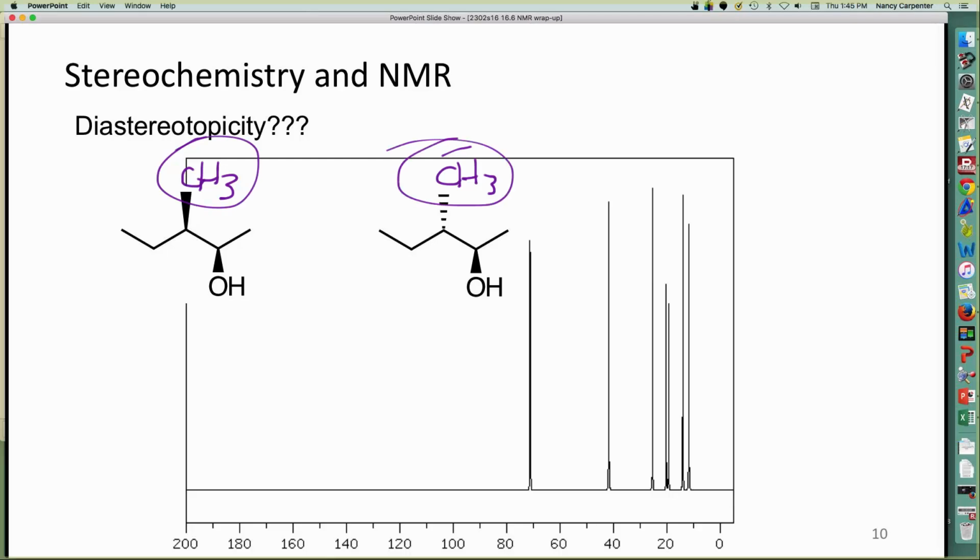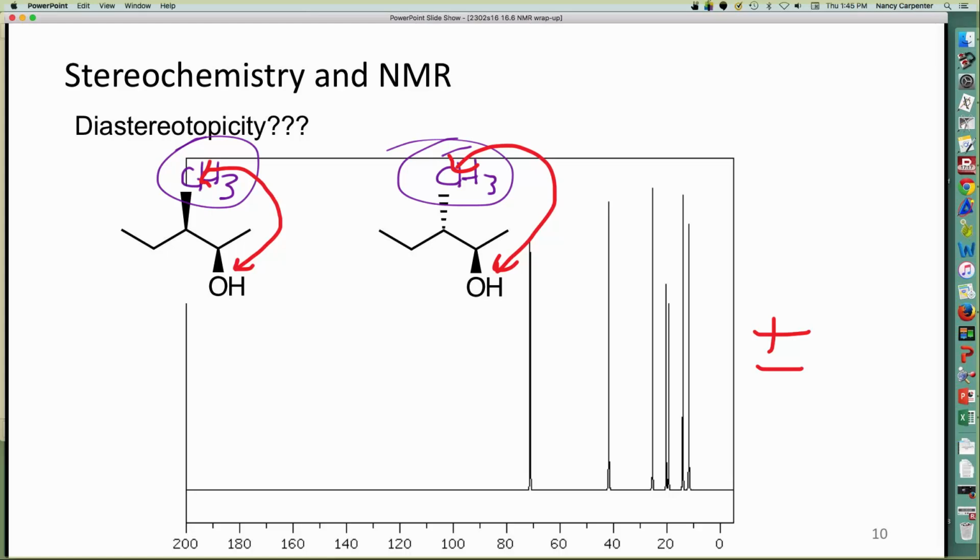This guy versus this guy. And the answer, of course, is no. This carbon is on the same side of the extended carbon chain as the hydroxyl, whereas this one is on the opposite side. So what we're looking at here in this C13 is a racemic mixture, egads, and so we are seeing what is known as diastereotopic carbons.